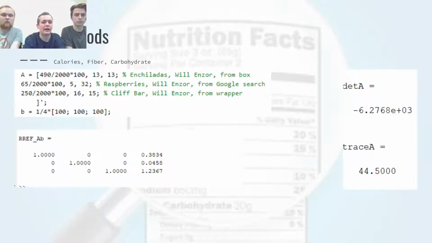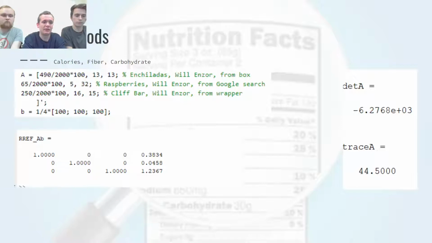So, I did enchiladas, raspberries, and a Cliff Bar as my 3 foods. Here is my initial matrix that shows the calories, fiber, and carbohydrates for each of the foods, and also my B matrix.